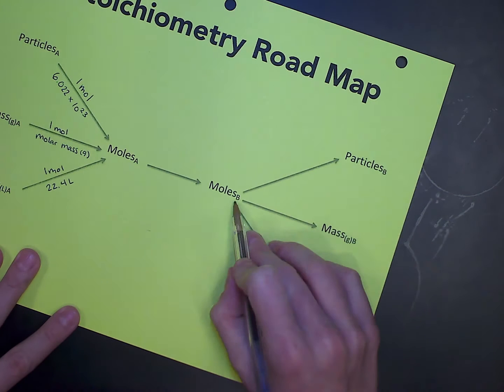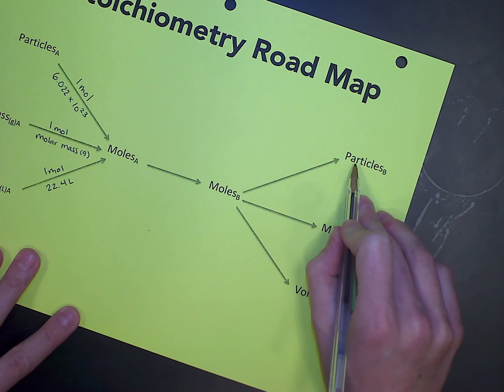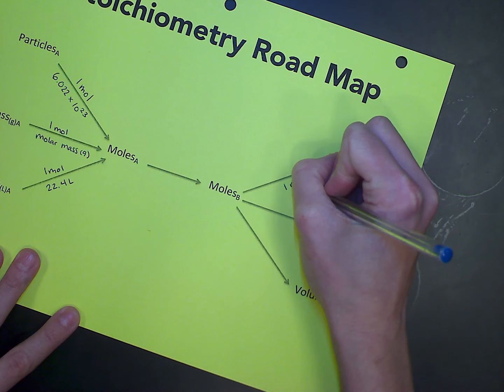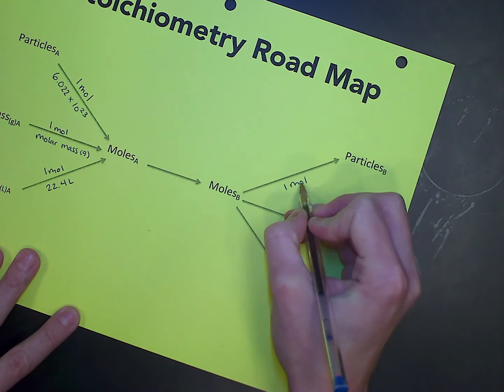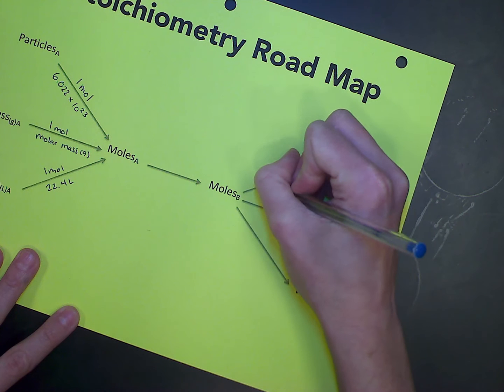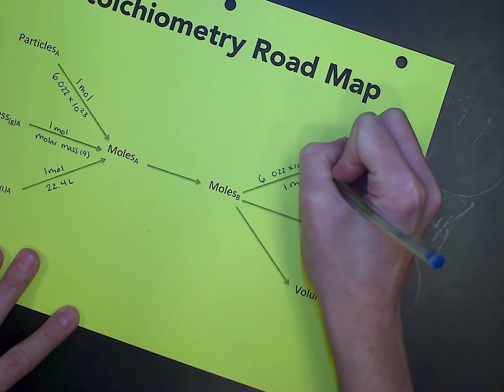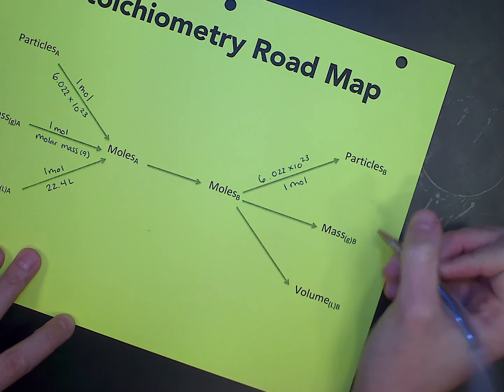Now, if we're starting in moles and going to particles, do you remember the conversion? It's going to be 1 mole on the bottom now, because we want moles and moles to cross out, and then we'll have 6.022 times 10 to the 23rd on top. Okay?